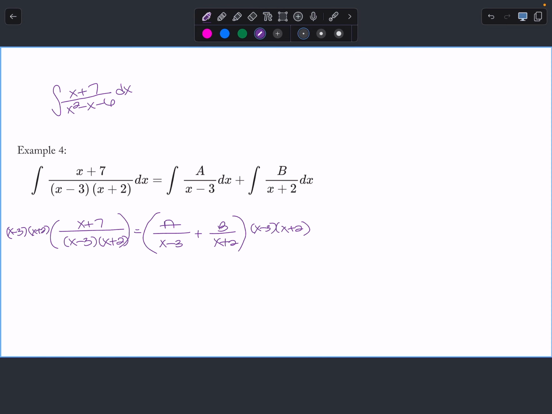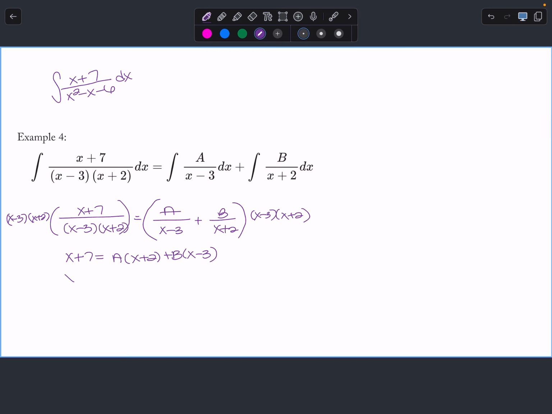So I have an x plus 7 on the left. I have an A times x plus 2 and a B times x minus 3. Now I have to distribute my A and distribute my B. So x plus 7 is equal to Ax plus 2A plus Bx minus 3B.